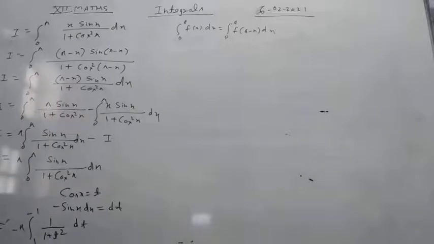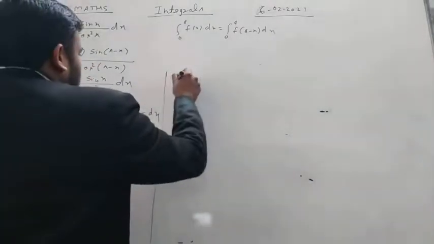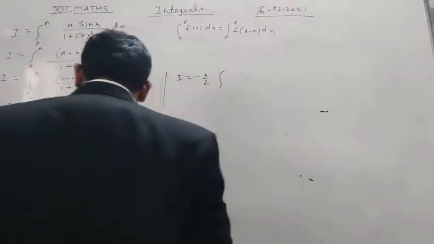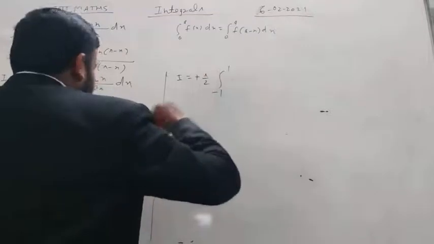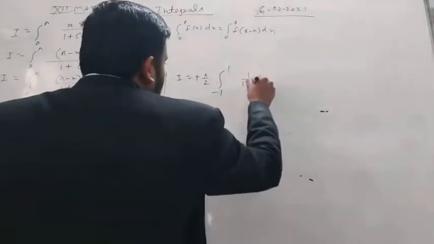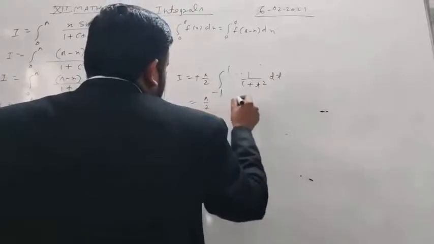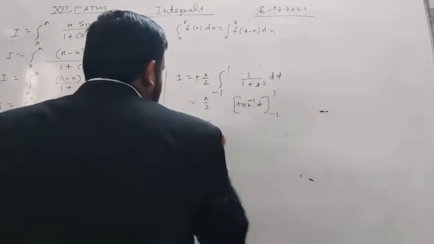Now students, we know that for this we can write 2I is equal to minus pi, and if we change its limit to minus 1 to 1, then this minus will change to plus, and 1 by 1 plus t square dt, friends, is pi times tan inverse t from minus 1 to 1.